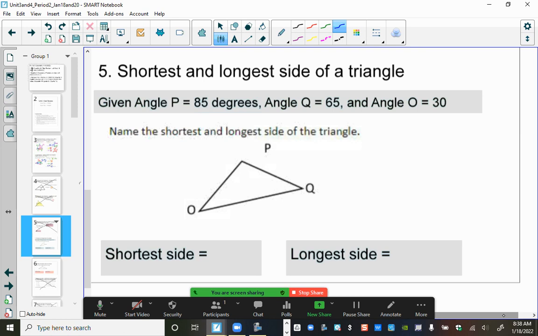So what's going to happen is the following. You're going to set up a chart. Got a pencil? Anytime you have shortest, medium, longest side, here's what you do.